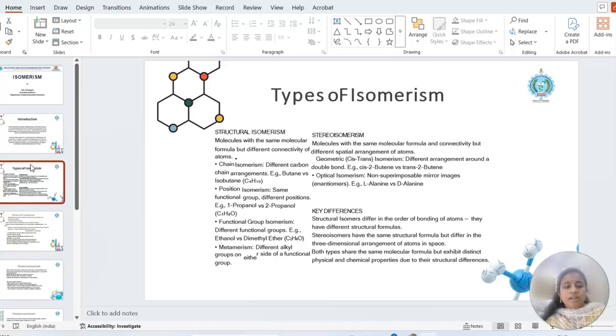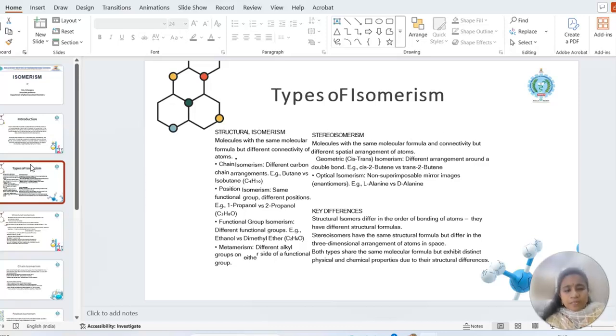Both have the same molecular formula, C2H6O, meaning two carbons, six hydrogens, and one oxygen. The only difference is in the functional group.